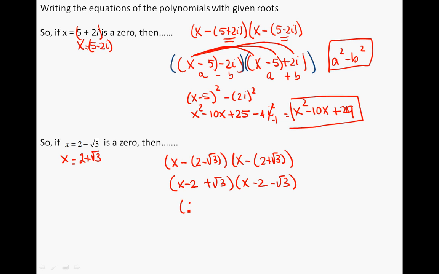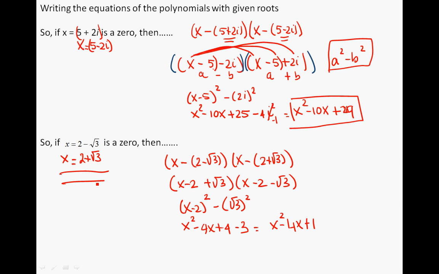And then here the conjugate pairs will be x minus 2, that's a, so that's a squared, minus the square root of 3 squared. And again, you see that you get rid of all your square roots. So this is x squared minus 4x plus 4, and then the square root of 3 squared is just going to be 3. So this quadratic, x squared minus 4x plus 4 minus 3 is 1, has these two solutions.